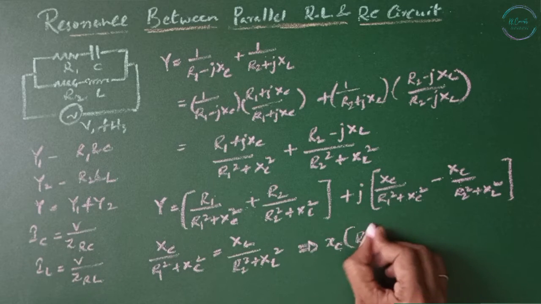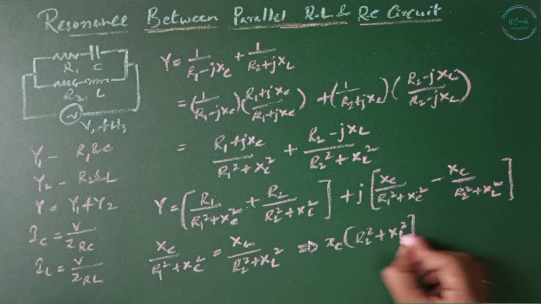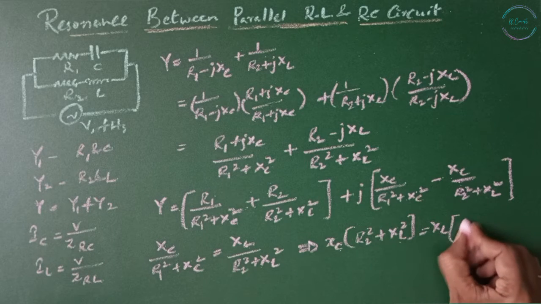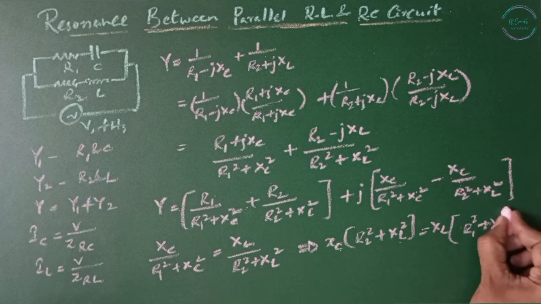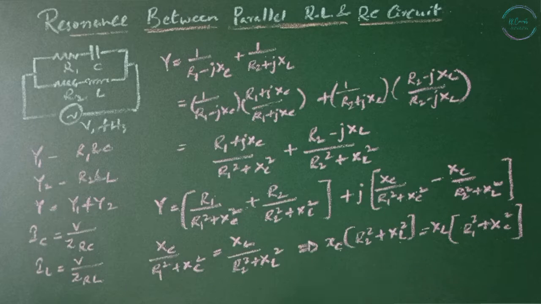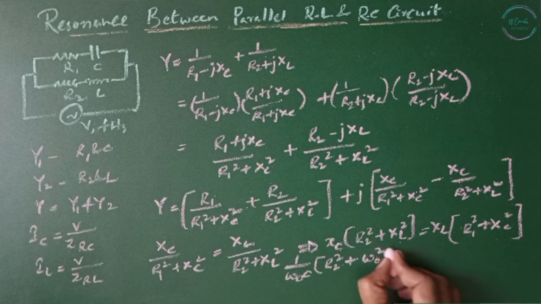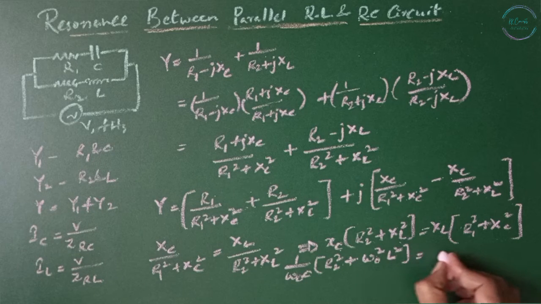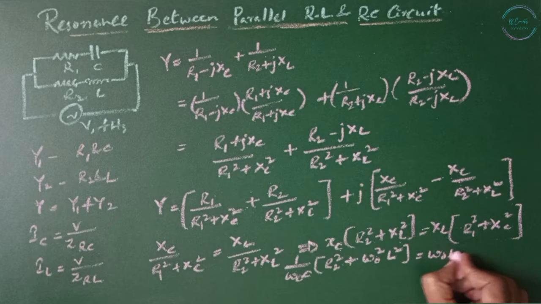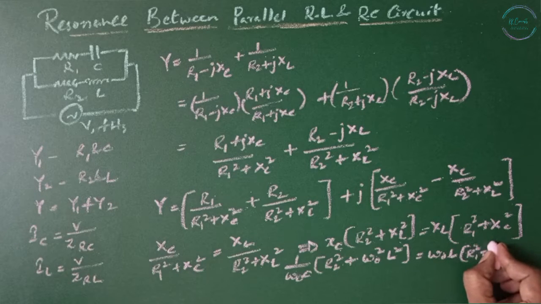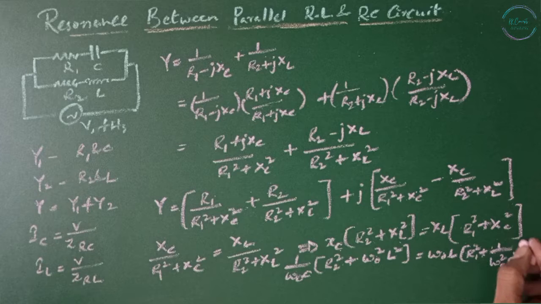XC of R2 square plus XL square equals XL of R1 square plus XC square. Now substituting the values of XC, 1 by omega naught C of R2 square plus omega naught square L square equals omega naught L of R1 square plus 1 by omega naught square C square.